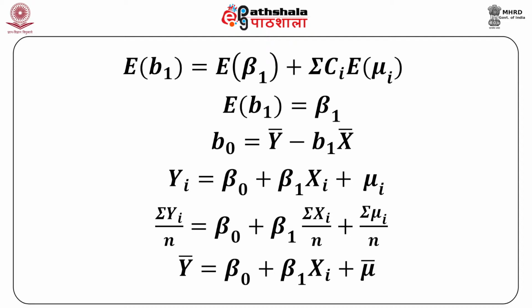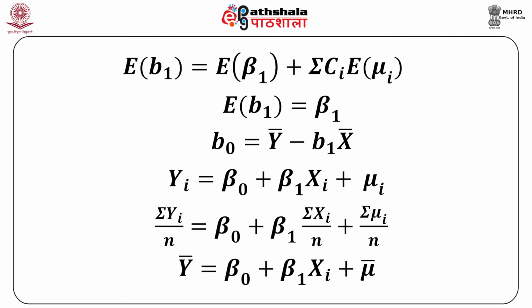Similarly, we can prove B0 to be an unbiased estimator of beta 0. As we know, B0 is equal to y bar minus B1 x bar, substituting the value of y bar from yi is equal to beta 0 plus beta 1 xi plus mu i.